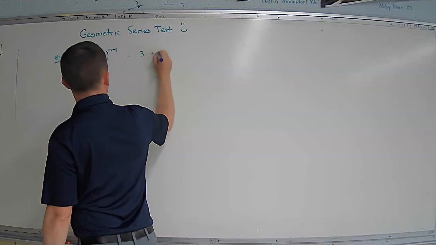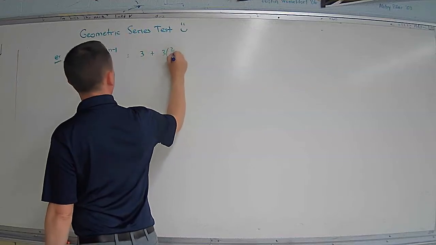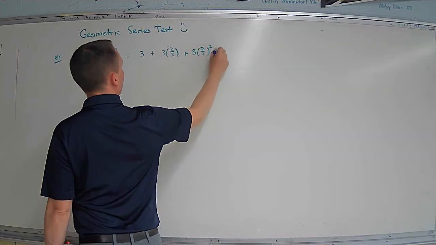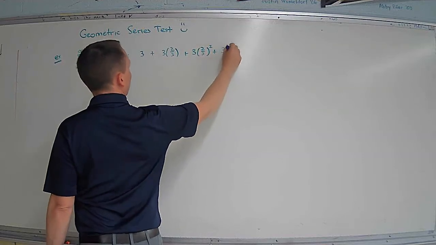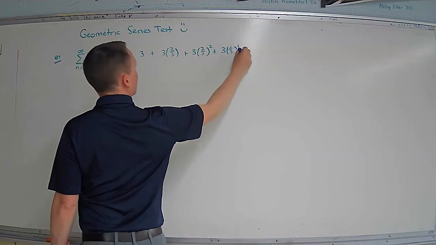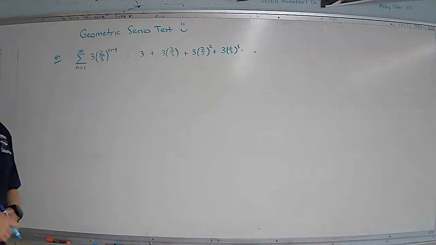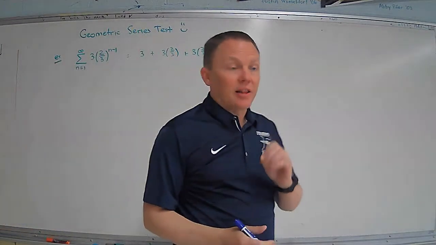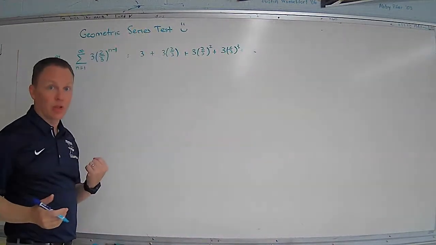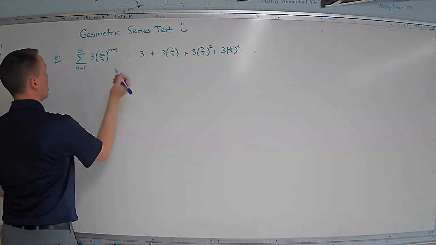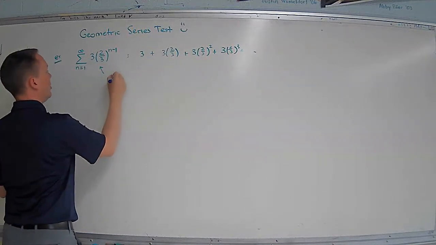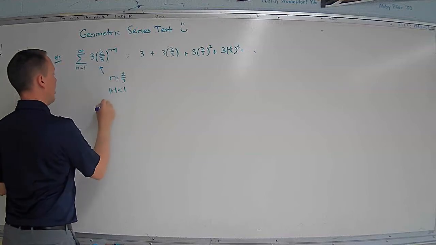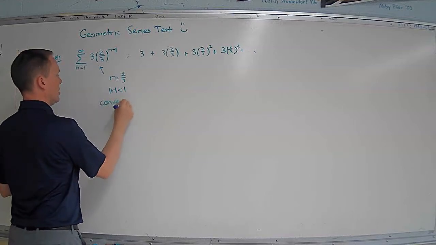But the first term is 3, then it's 3 times 2/3, then it's 3 times 2/3 squared, 3 times 2/3 cubed, and so forth. Okay? But if you recognize it as geometric right out of the gate, and you recognize what the common ratio is, you can just be like, oh, the common ratio r is 2/3, so the absolute value of r is less than 1. This baby converges.